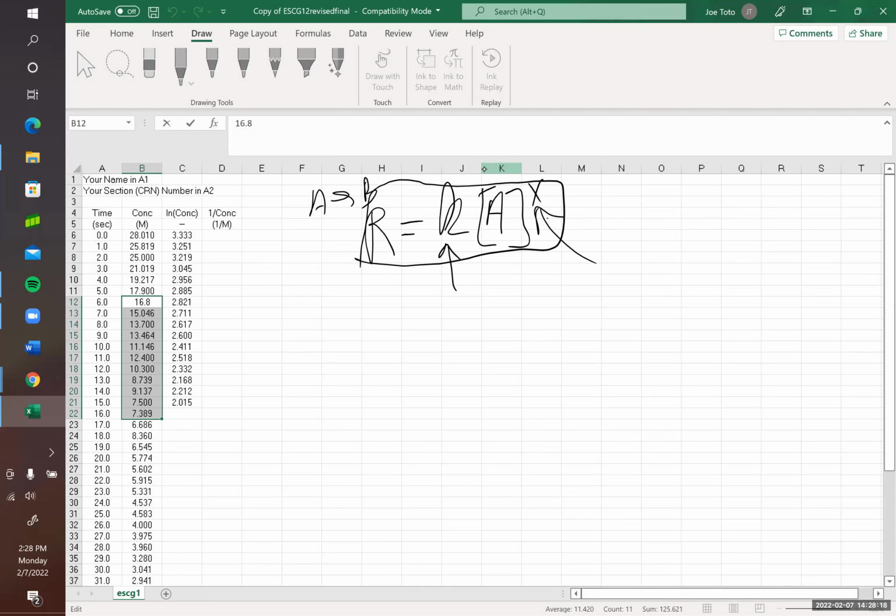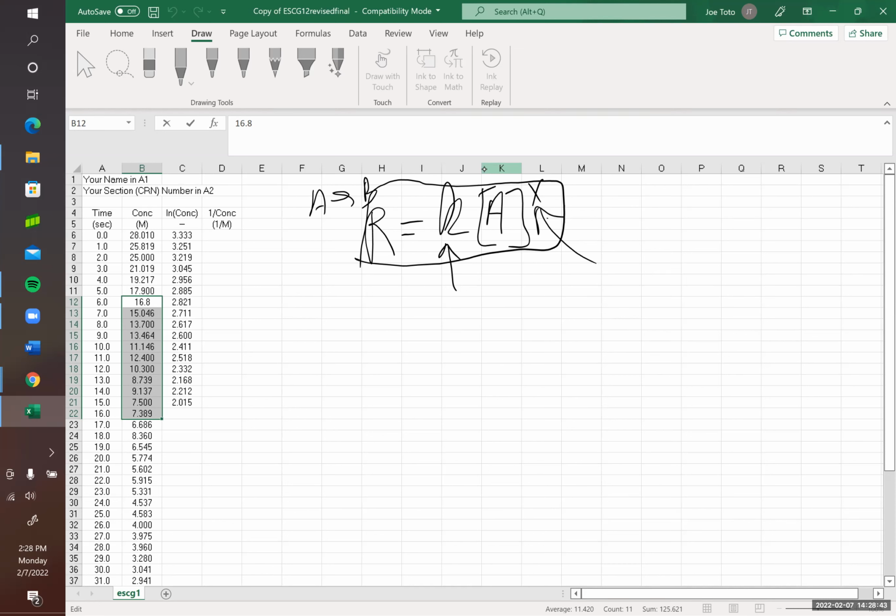And one way to do it, as you saw in lecture, is the method of initial rates, where you use tabulated data on many experiments, and you analyze how initial concentrations affect the rate of a chemical reaction.